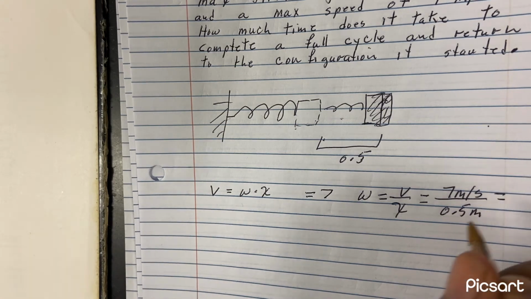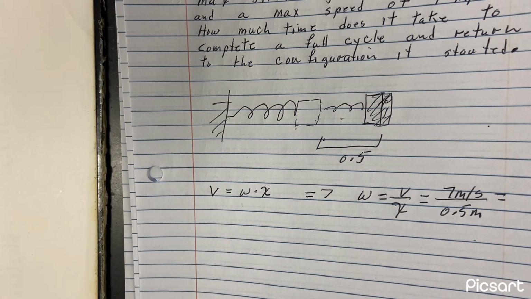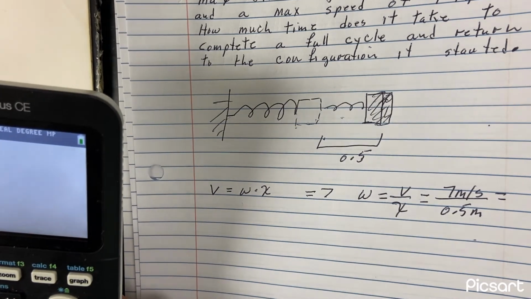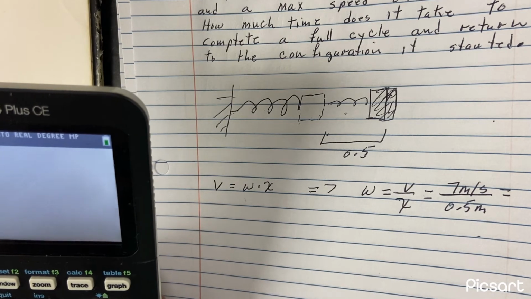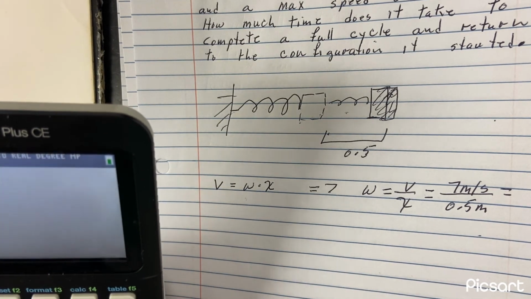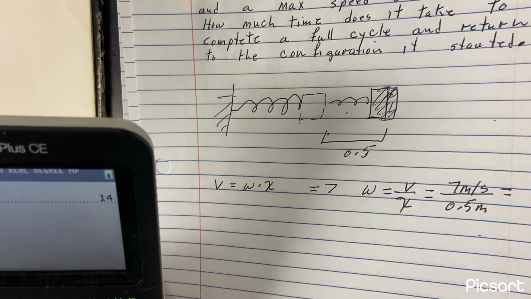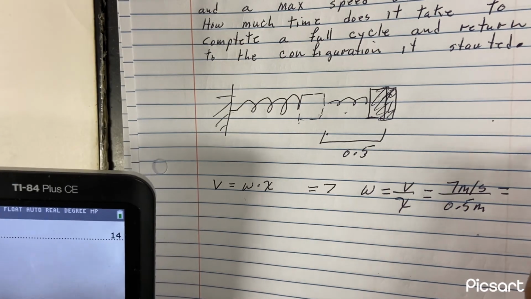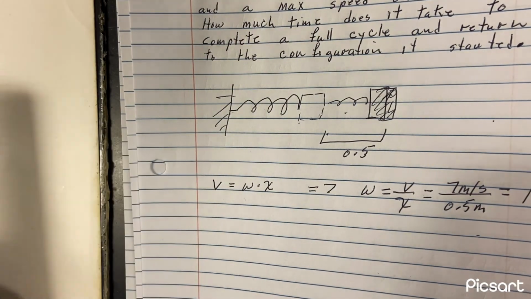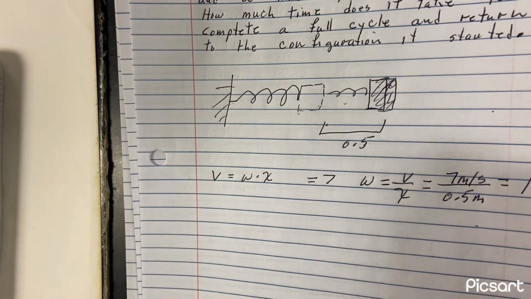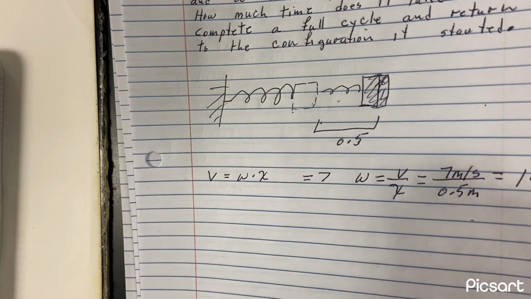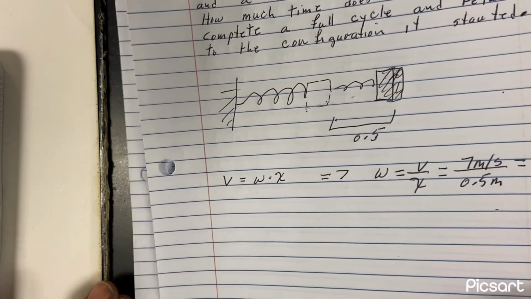And that's going to give you 7 divided by 0.5, going to give you 14. That was obvious. And this is in radians per second. That's what omega is in radians.